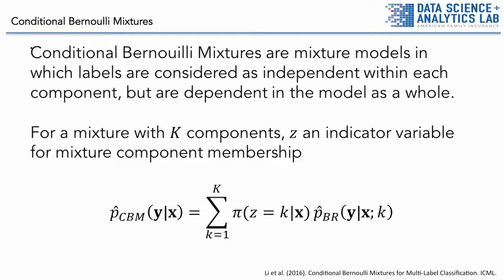So there are two types of models that need to be trained in a conditional Bernoulli mixture model. There's this top-level model that says, okay, I've got these capital K clusters or capital K components in my mixture model. Which one does this instance belong to? And then there is this lower-level model, which is just our standard binary relevance model. So if we're in cluster 3, or in mixture component 3 mostly, what is the probability of each label based on the characteristics of the instance and based on what we know about this cluster?